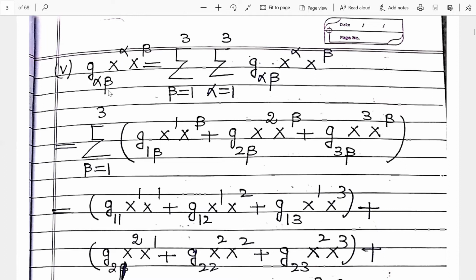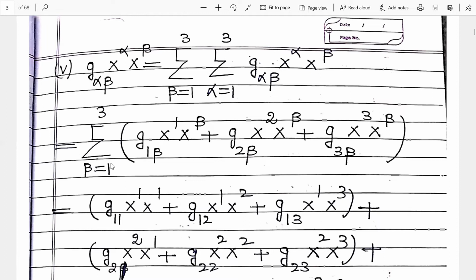In this quantity, first we take alpha running from 1 to 3, and this will become g1beta x1 x beta plus g2beta x2 x beta plus g3beta x3 x beta.